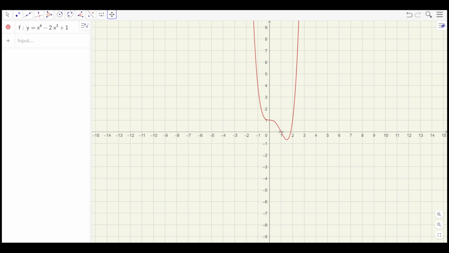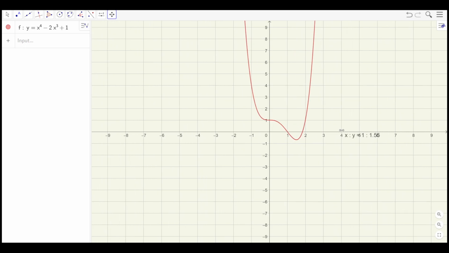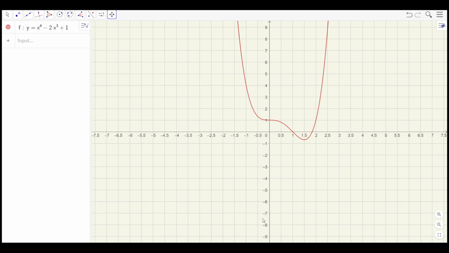And even if I go on the right-hand side of 1, the function is always concave up. But between these 2 points, the function is actually concave down, yes? Maybe it is a better idea to rescale it a little bit, so you can see it better. Is that understandable? So that is what we actually calculate when we want to talk about concavity.